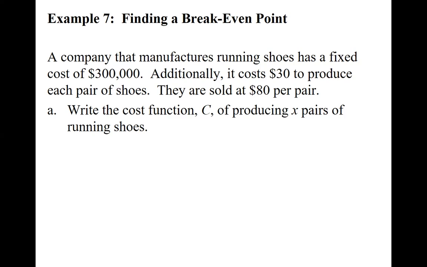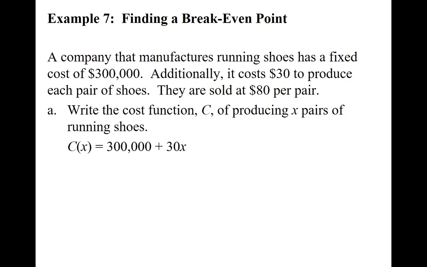Well, that's our fixed costs, our $300,000, plus our variable costs, plus $30 times how many we make. So 300,000 plus 30x is the cost function.